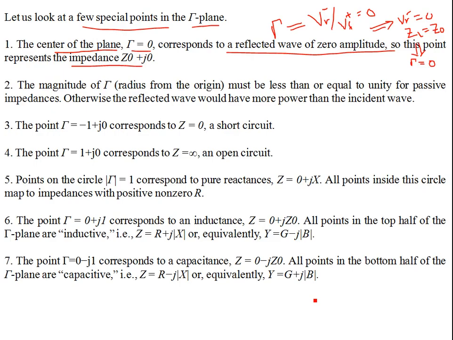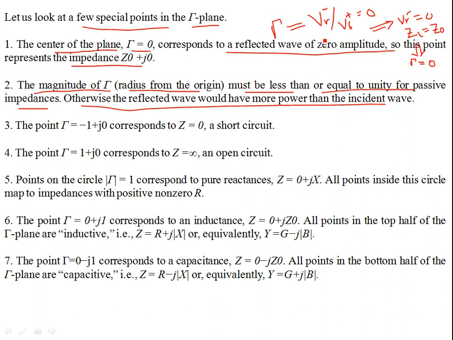Then the other thing is the magnitude of gamma, the radius from the origin, must be less than or equal to unity for passive impedances. Otherwise, the reflected wave would have more power than the incident wave. This is what we have talked about before as well.